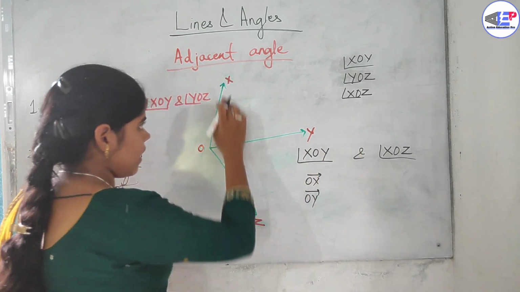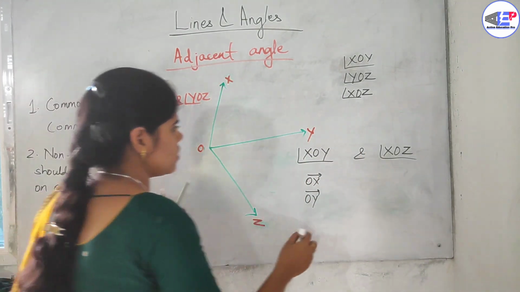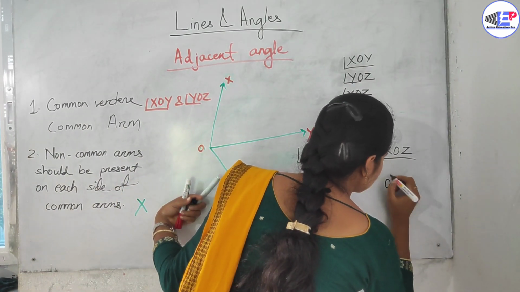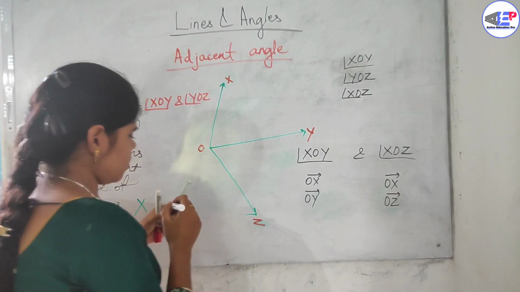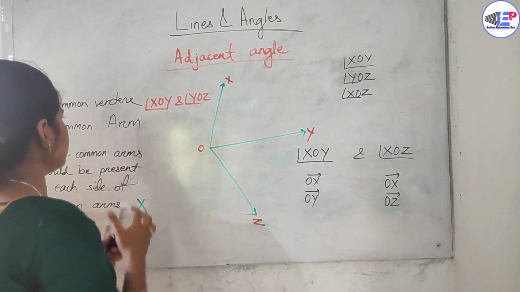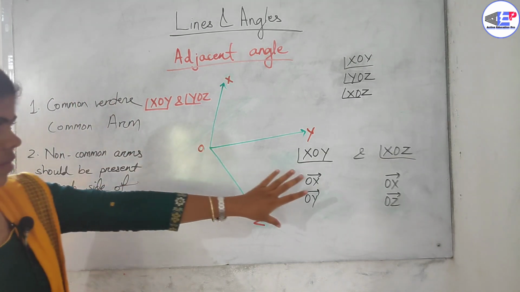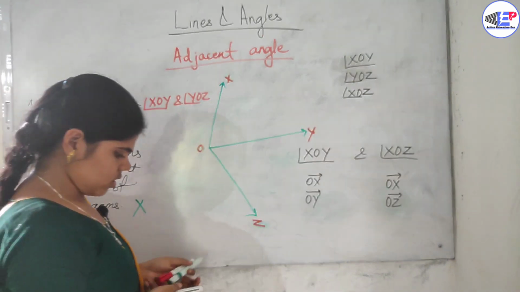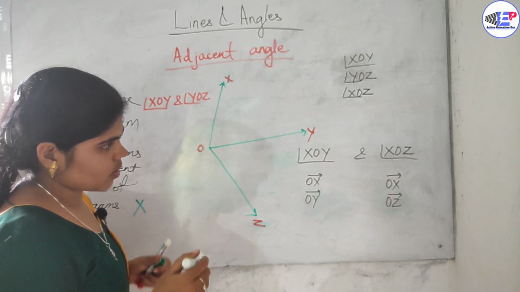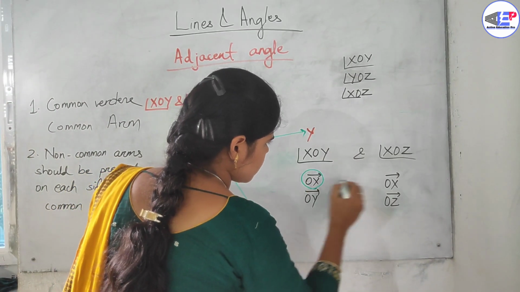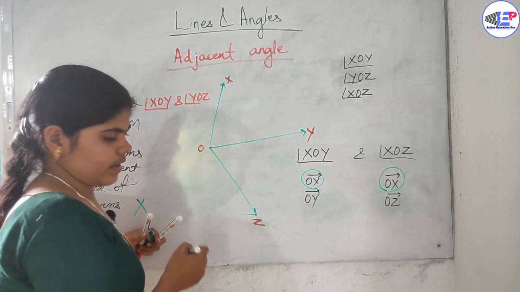And to make the XOZ angle, this XOZ is OX ray and OZ ray. We know that to fulfill the first condition for adjacent angles, we need a common vertex and a common arm in these two angles. So here O is the common vertex, and let us find out the common arm. This is OX. OX is the common arm.